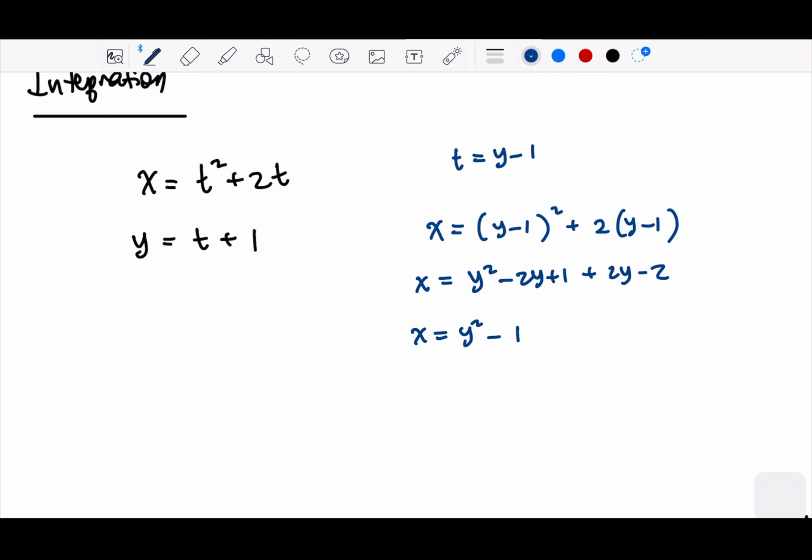Plus 1, 2y minus 2. Correct, right? This 1. Okay, right? Yes. You sure? Okay. So cancel out and we get this.